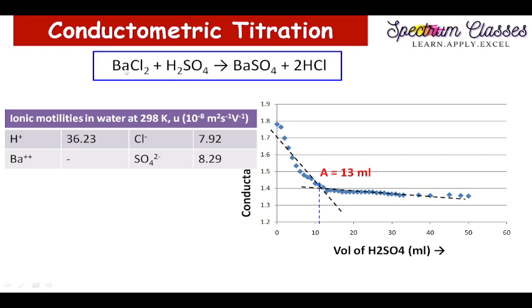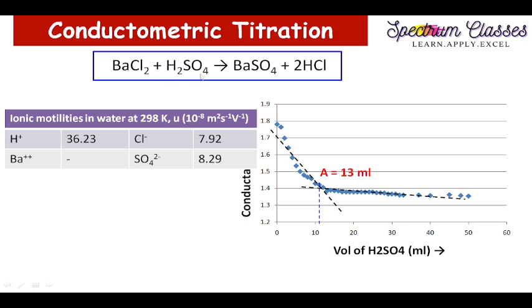So the conductance of barium chloride, which is at a higher value, is going to decrease, because initially we have 3 ions, Ba2 plus and 2Cl minus, but on addition of H2SO4 these 2 Cl minus ions are replaced by 1 sulfate ion.